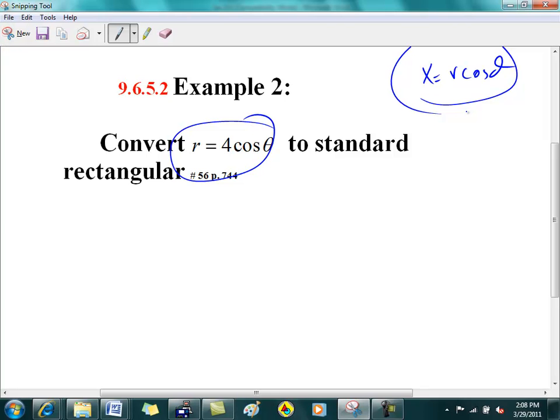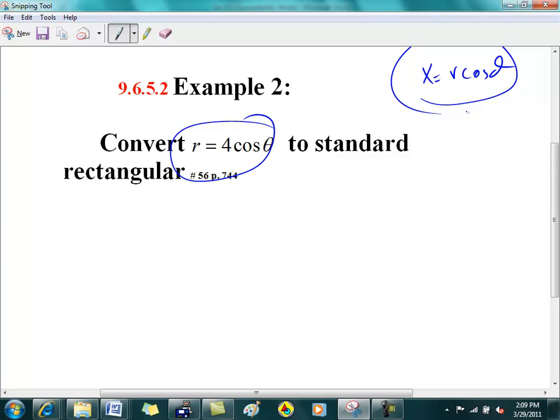Plug what in? R in the x equation. Remember, what you want to do is go to the x equations. Square it. Do you see any squares in either one of them? Why would you want to square it? Plug what? Plug cosine theta into r?